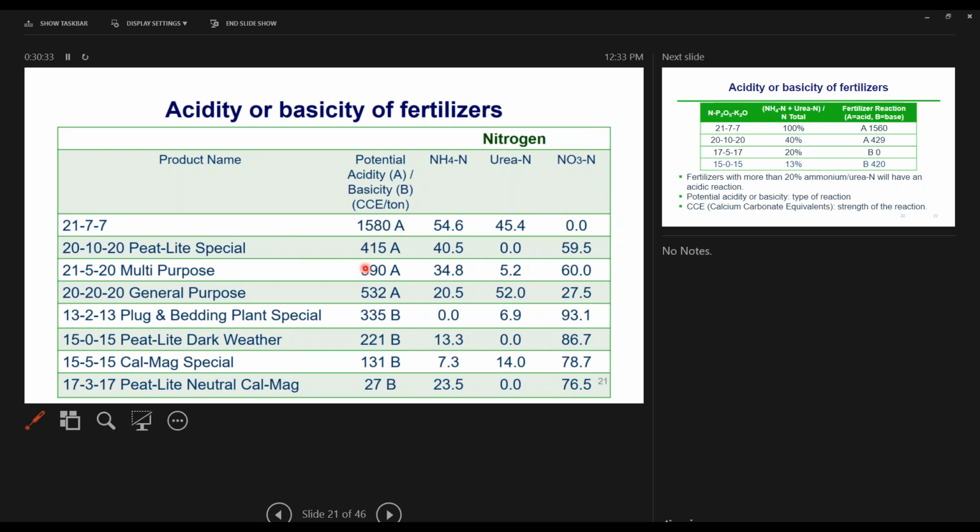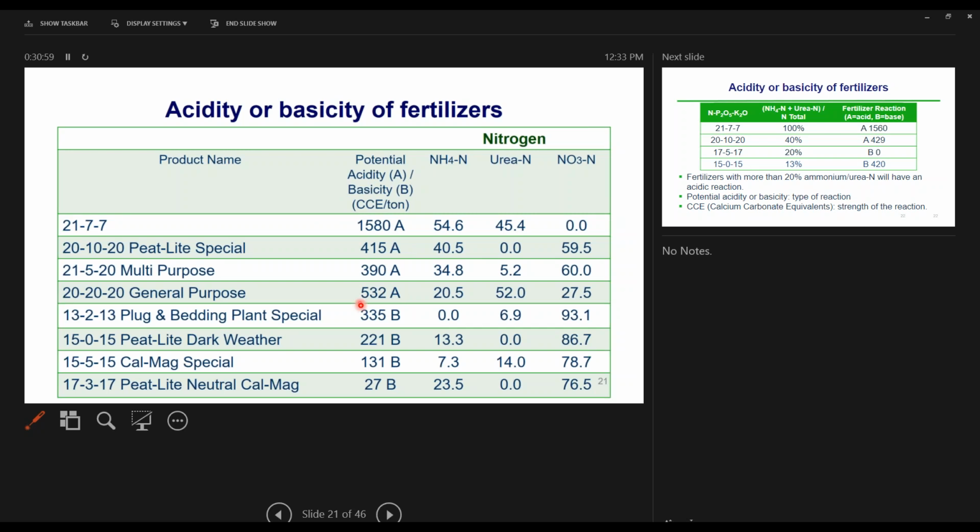And then the bigger the number, the stronger the reaction to whichever direction it goes, right? So for example, if we compare this 13-2-13 with 17-3-17, you can basically know that this one has a much stronger basic reaction than this one. So the number is a relative number, so you can compare within fertilizers.